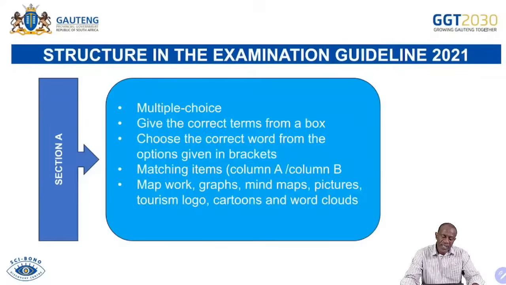As we move on, the next set of questions is the matching items, where you are normally going to get column A and column B. In column A, it can be explanation of terms, and in column B, you may find those concepts, or vice versa.